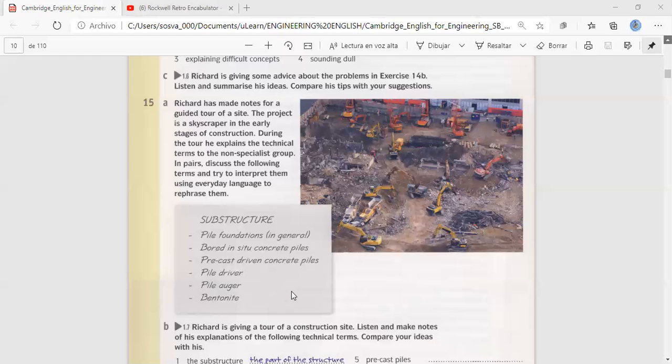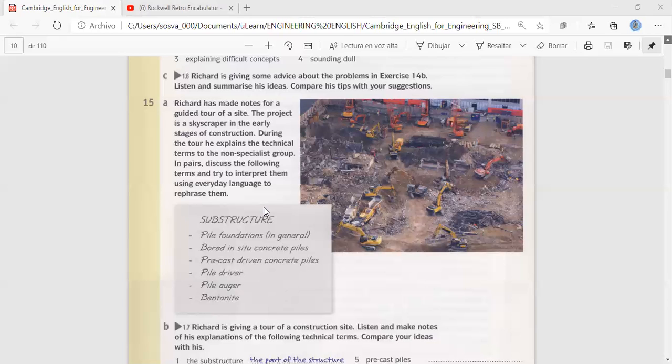So let's think about it. How would you explain this in everyday language? Which one would be the name for a pile foundation in general language?